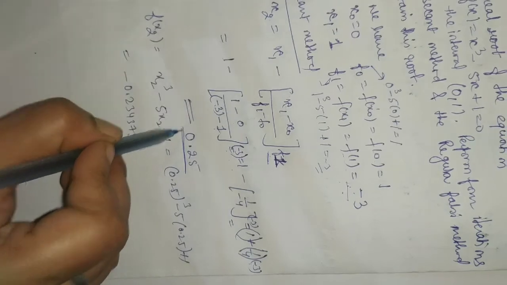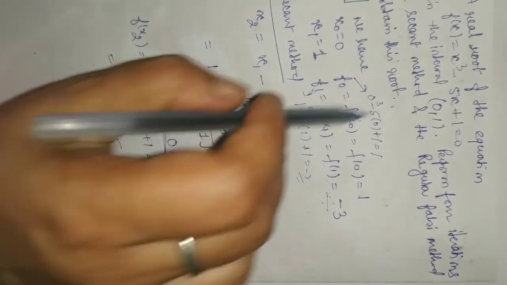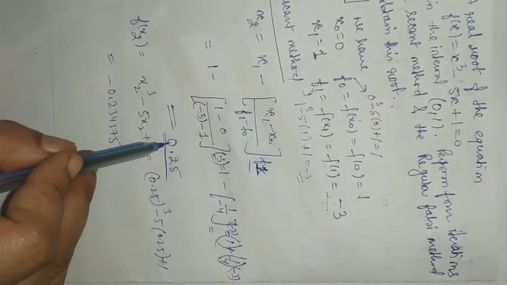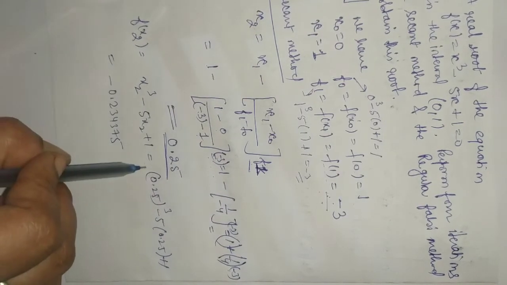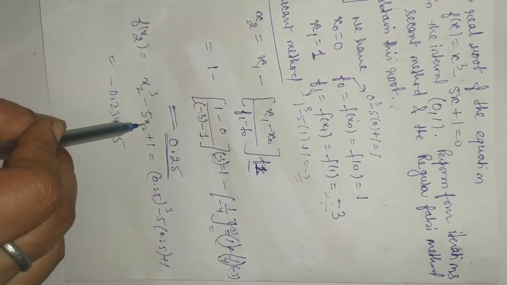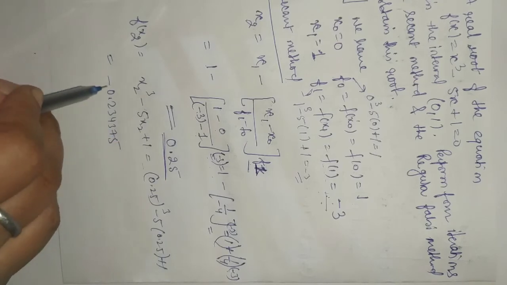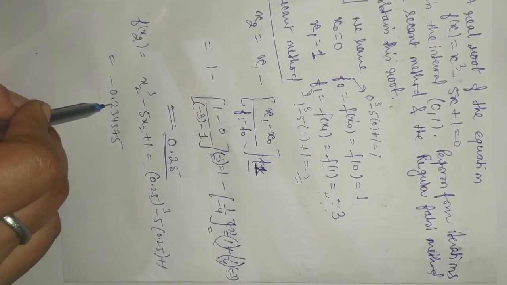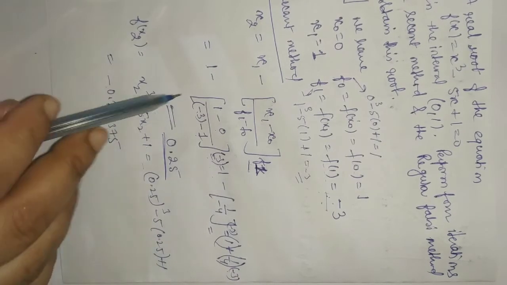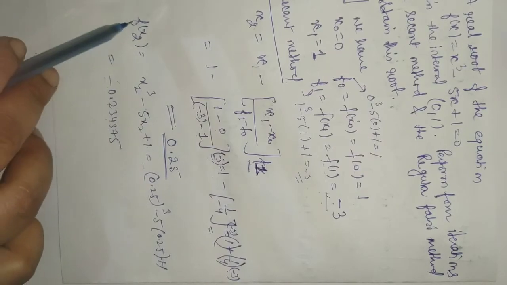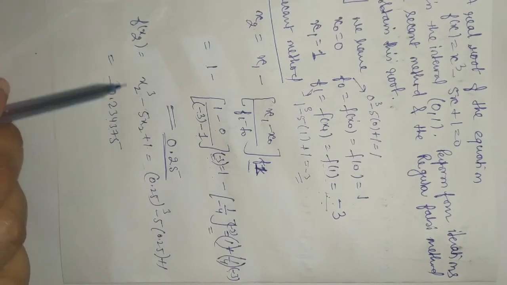Then we have to find the value of the function at 0.25. Substituting, 0.25 cubed minus 5 times 0.25 plus 1 is equal to minus 0.234375. So we get f of x2, that is f of 0.25, as negative.